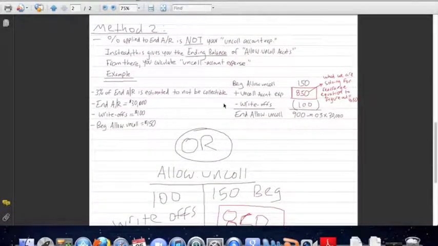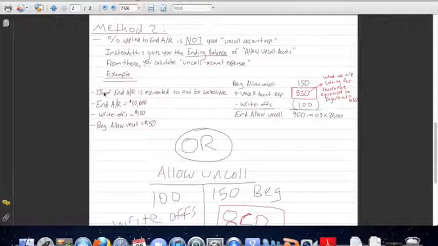Alright, method 2. This one is still easy, but I guess it involves a little bit more math. But it's still very simple. Method 2 is when the company applies a percentage to ending accounts receivable. So they'll say 3% of ending accounts receivable is estimated to not be collectible.